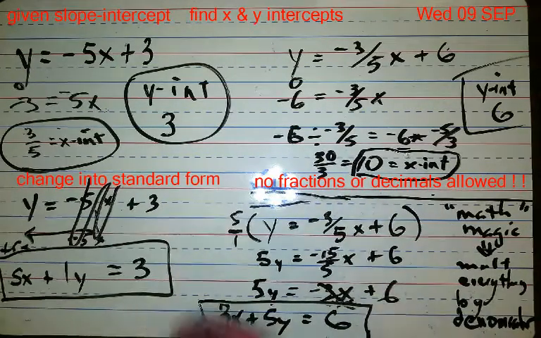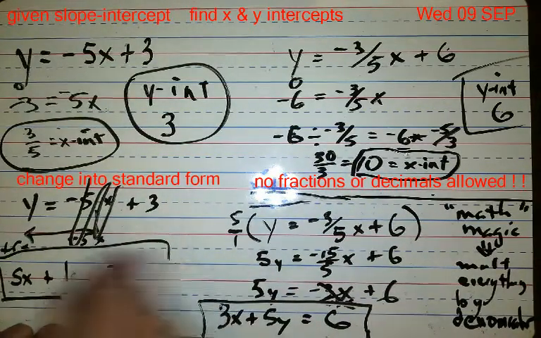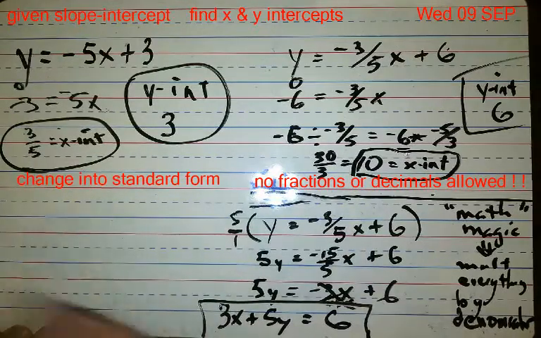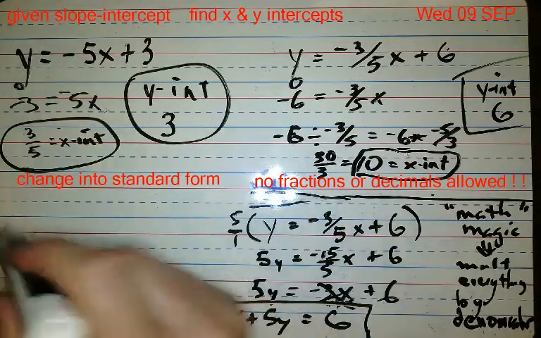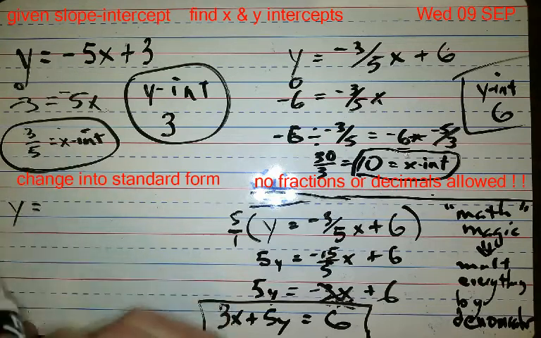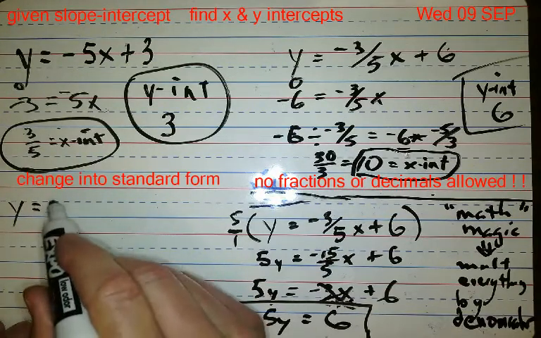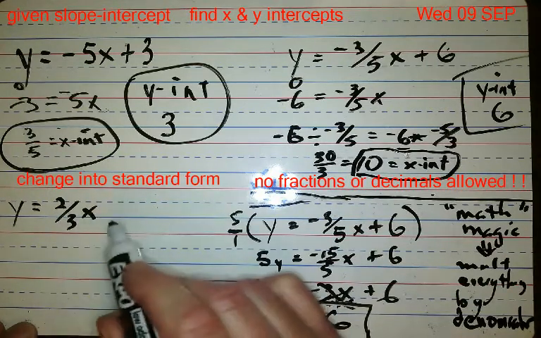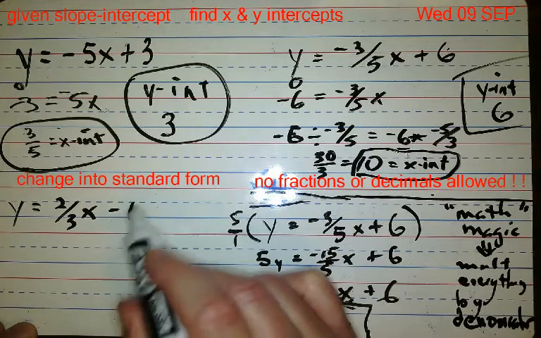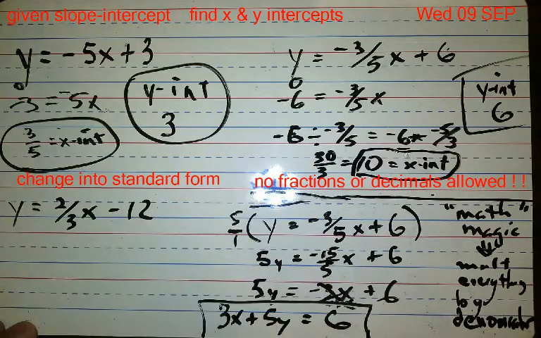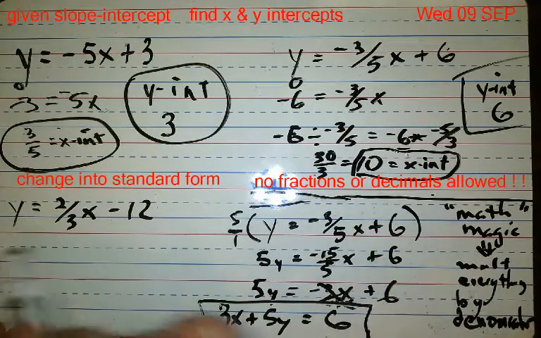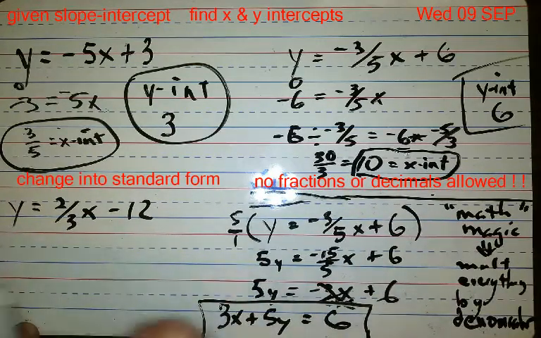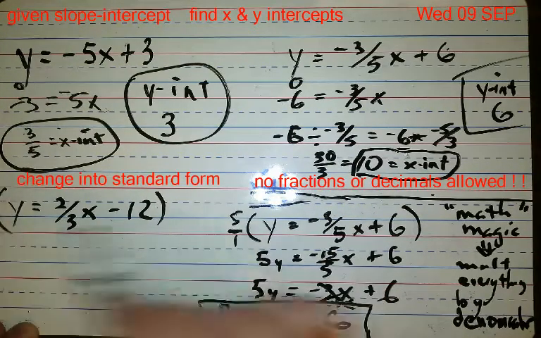Let's do one more with fractions just to show you. We don't have to do the whole thing. We'll just do this part. So what if we had y equals positive 2/3 x minus 12. Why not? We'll do it like that. Okay, so remember the first step is to multiply everything by whatever the denominator is. Well, that's 3.